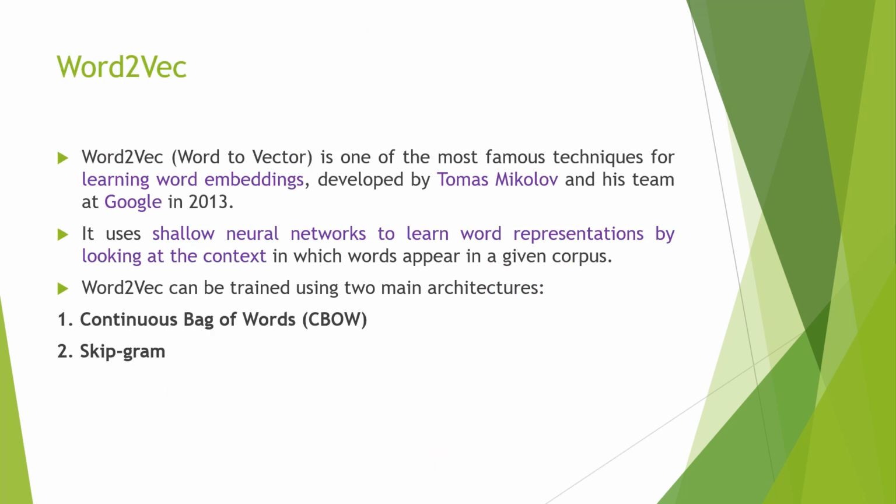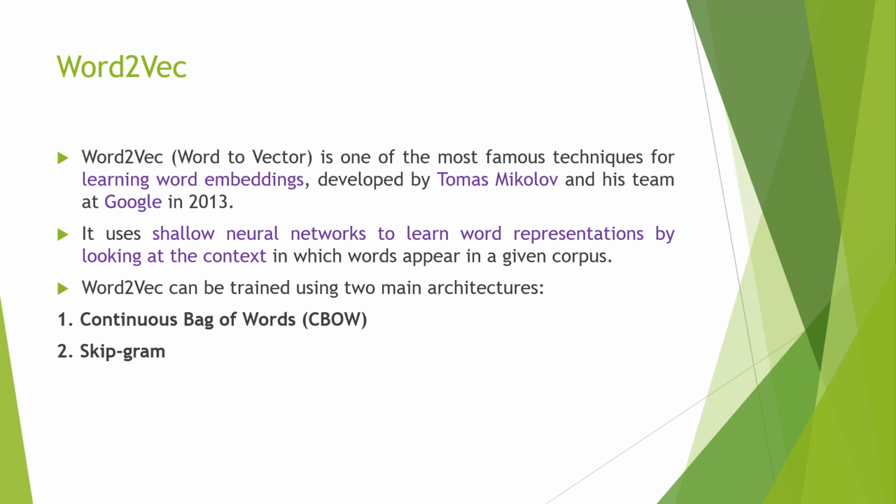This Word2Vec model was introduced by Google in 2013. It was developed by Tomas Mikolov, and it creates a word vector representation using a neural network model. The neural network is trained to learn words based on similarity measures, giving similar representations.